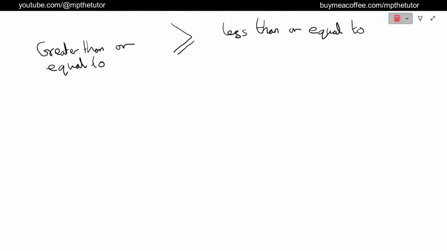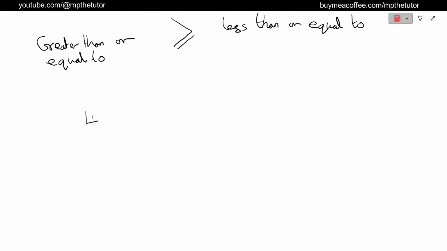So in reality, let's just do some numbers. 4 arrow 6. Well, this is saying 4 is less than 6, or 6 is greater than 4.